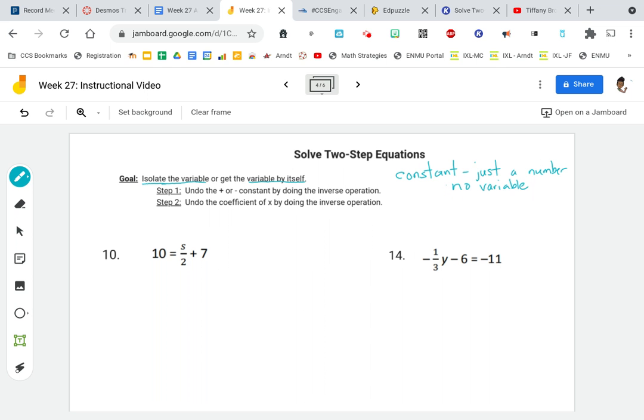Okay, and then our second step is going to be to undo the coefficient of x by doing the inverse operation. Remember that the coefficient is the number right beside the variable, and it is multiplying the variable.